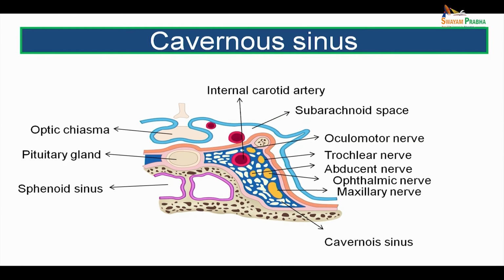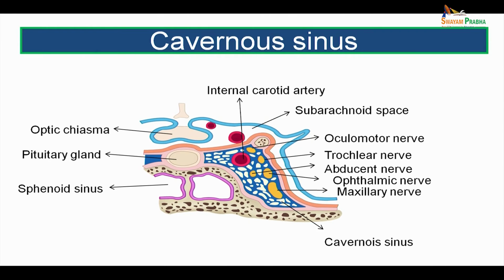The maxillary nerve travels along the lateral wall of the cavernous sinus and leaves the sinus by passing through the foramen rotundum.